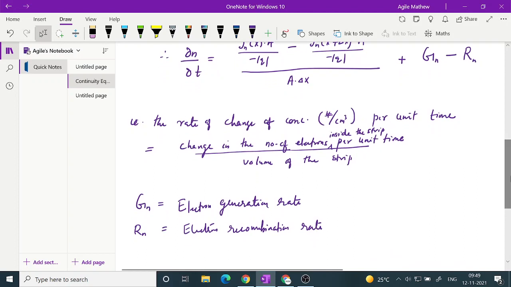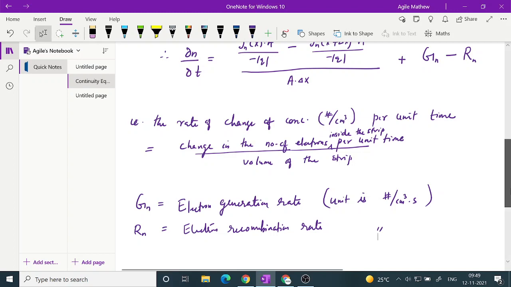They have a unit, which is number per centimeter cube second. So both of them have the same unit, which is compatible with what is on the left side. The rate of change of concentration is basically number per centimeter cube second.